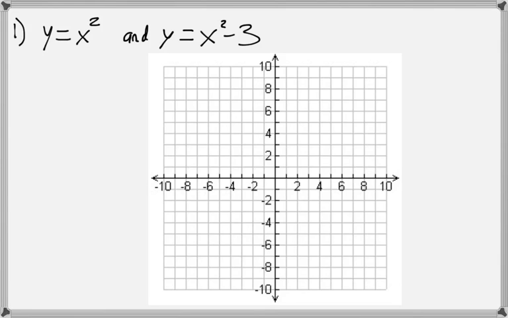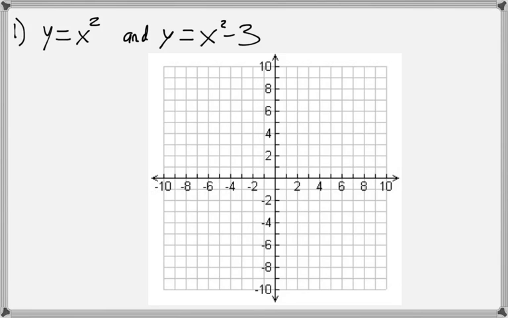So if you look at number 1, we have y is equal to x squared and y is equal to x squared minus 3, and we're supposed to graph both of these and then describe the transformations used to obtain the second graph from the first graph.